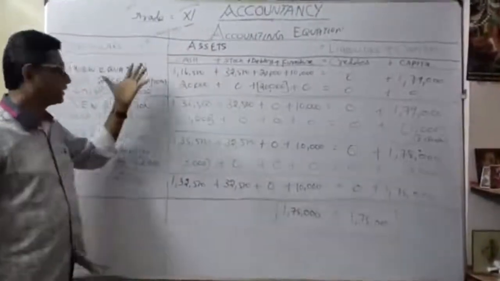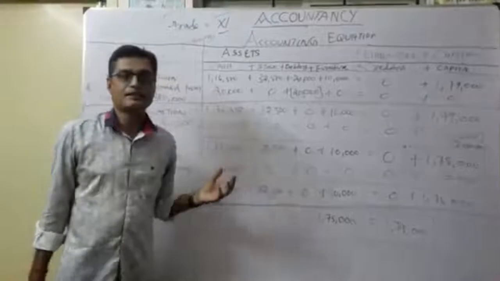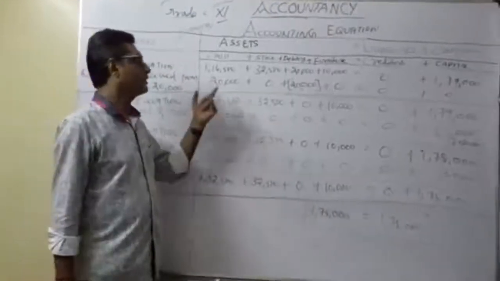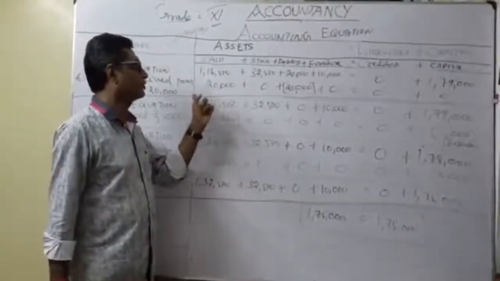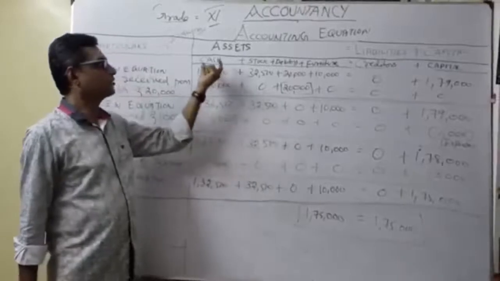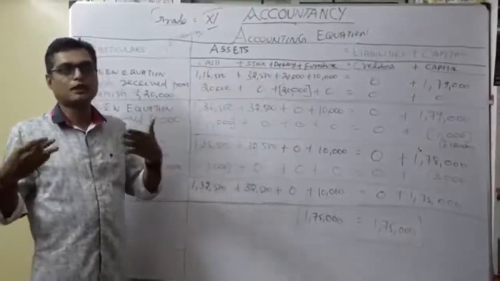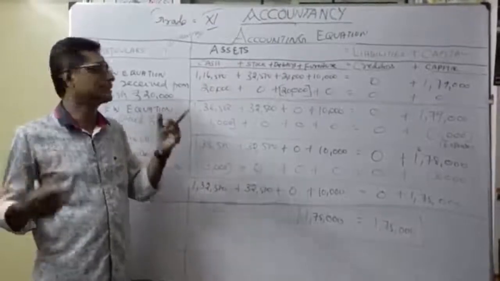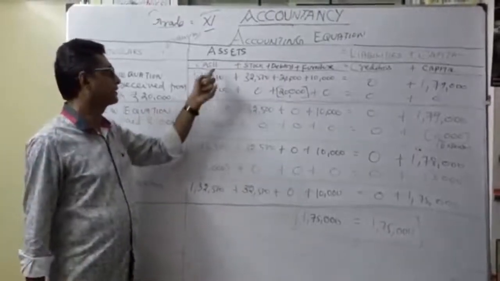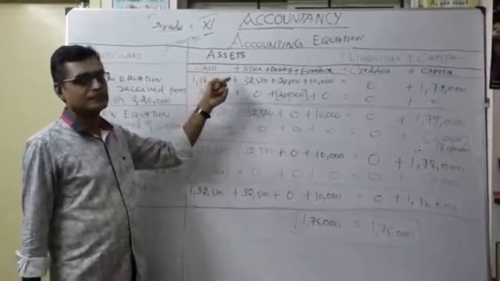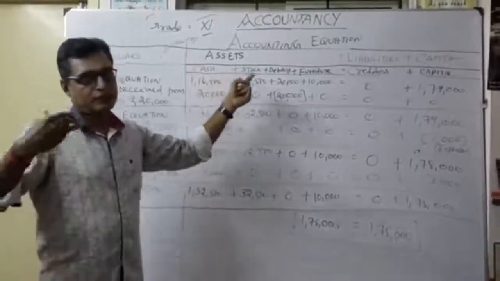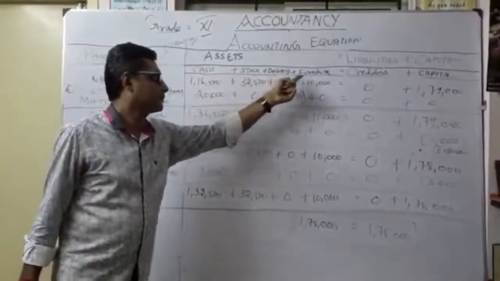So up to the equation, it's very interesting, it's very easy. The only thing is to know where I am going to draw the line. Now understood why I gave the gap? Whenever assets keep increasing on the asset side, we want to add like this in each and every transaction. First I wrote cash, thereafter stock, according to the transaction, thereafter debtors, thereafter furniture.